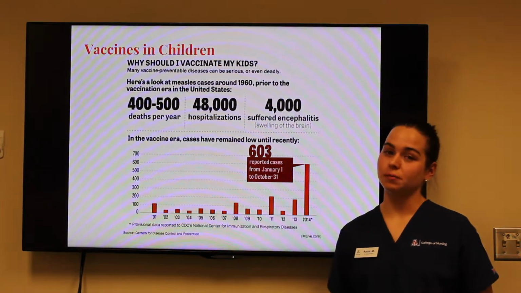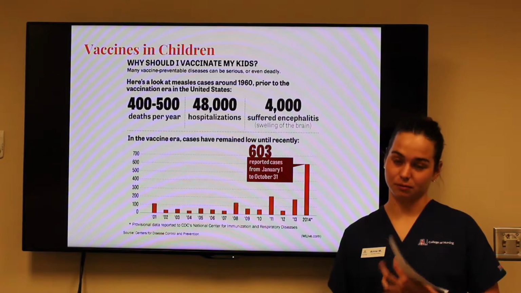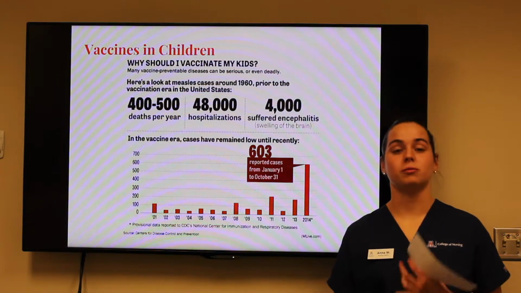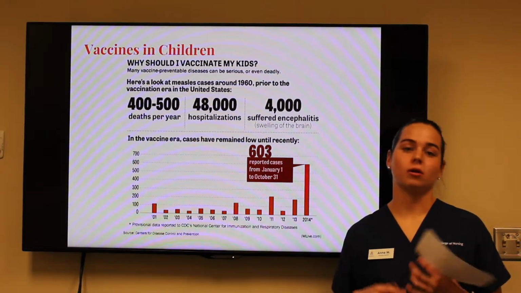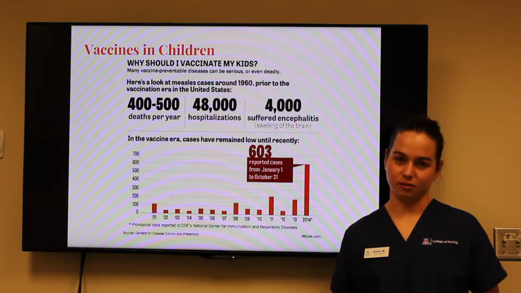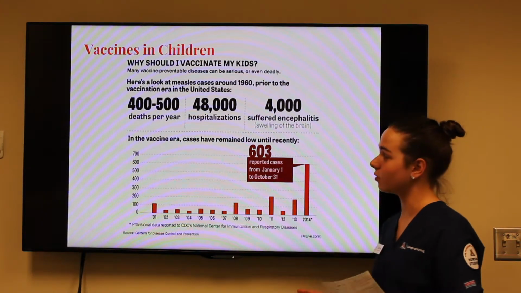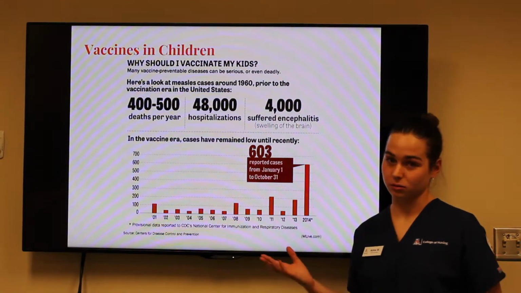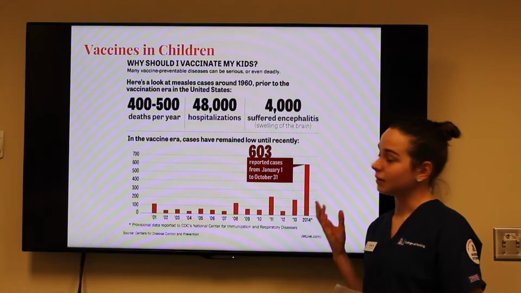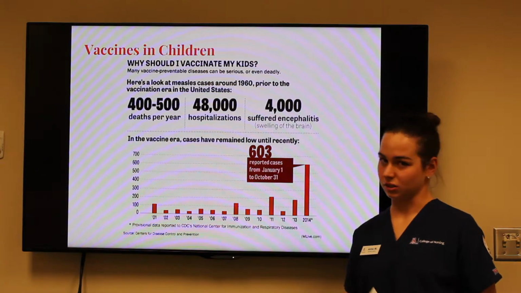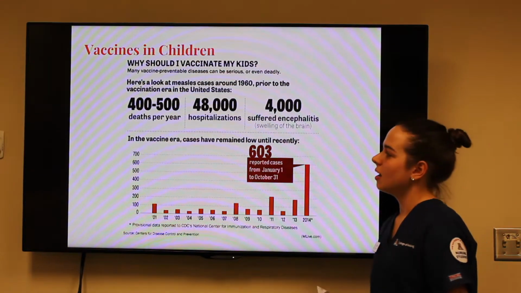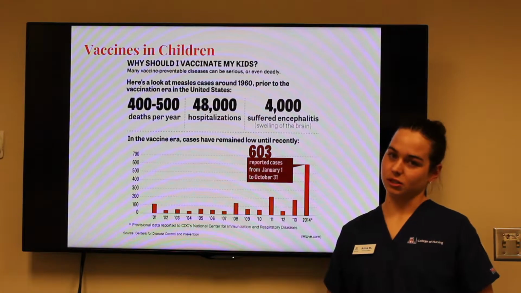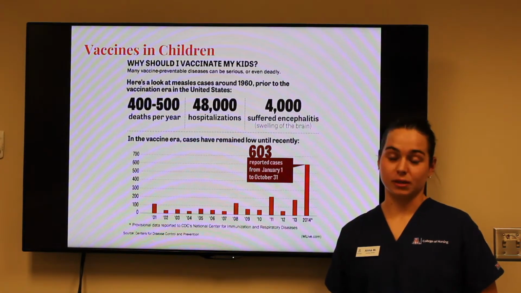There's a really big difference in vaccines now and before. Before, when we didn't have vaccines, there were a bunch of cases of different infectious diseases. And here we have an infographic that demonstrates that example, but in measles. In 1960, prior to the vaccination era in the United States, there were 48,000 hospitalizations just because of measles.